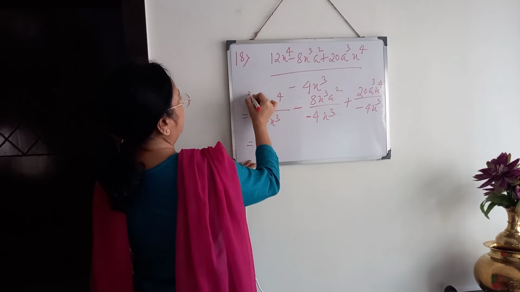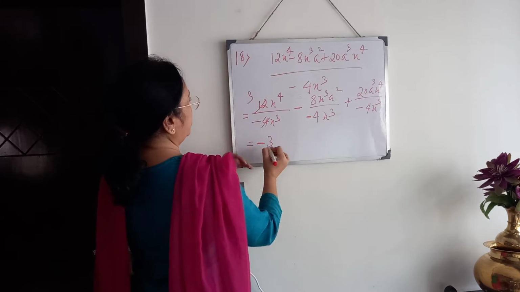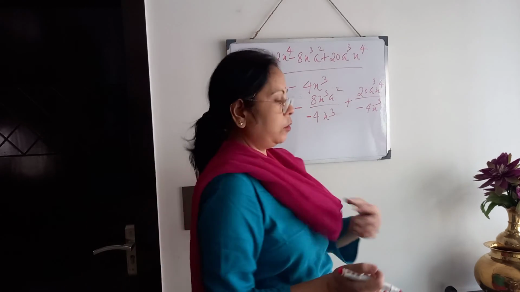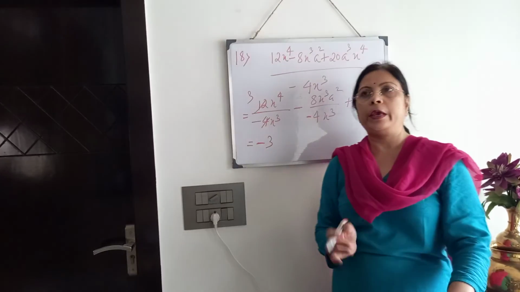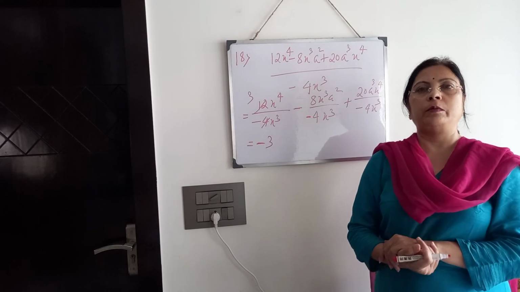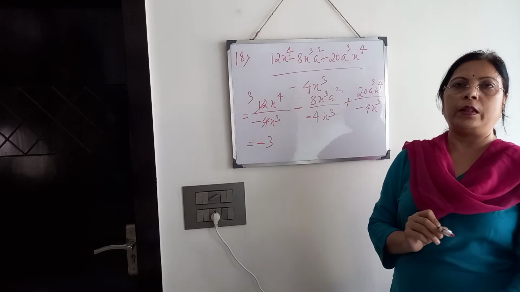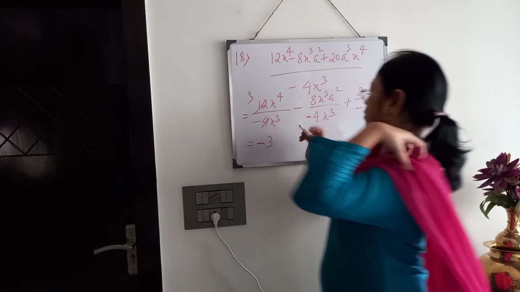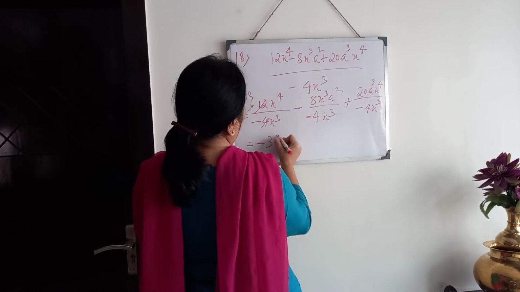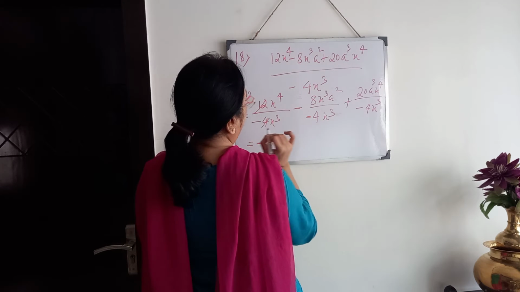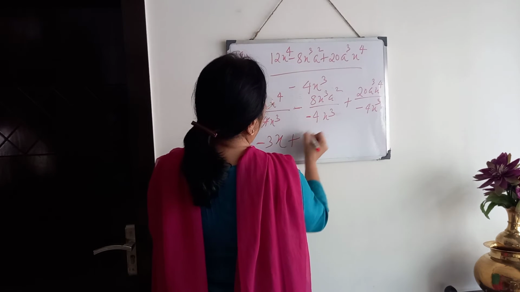Now 4 3s are 12. And in case of multiplication, you have seen that powers will be added. And in case of division, powers will be subtracted. So there is x to the power 4 and there is x cube. So 4 minus 3 means 1. So we will not write 1. So x. Minus plus.